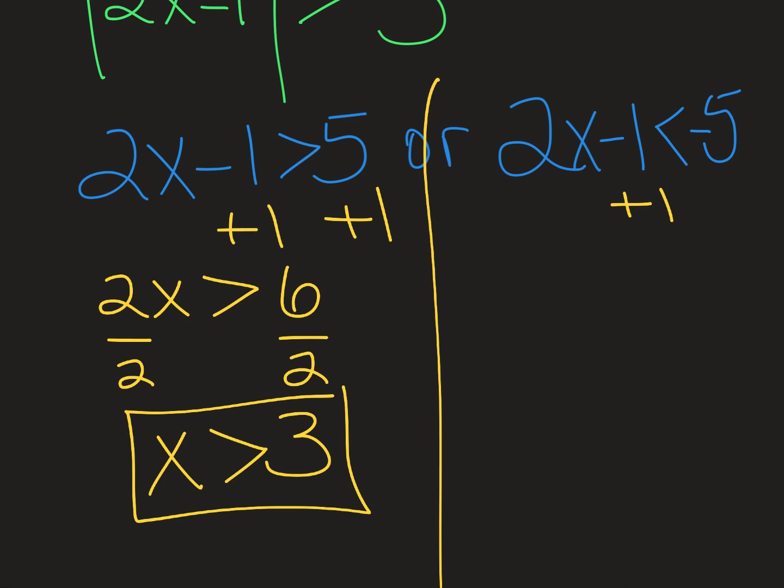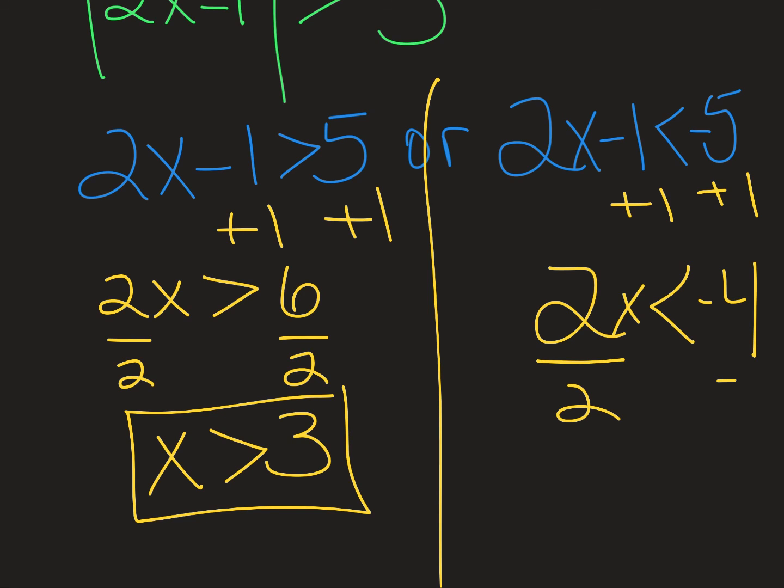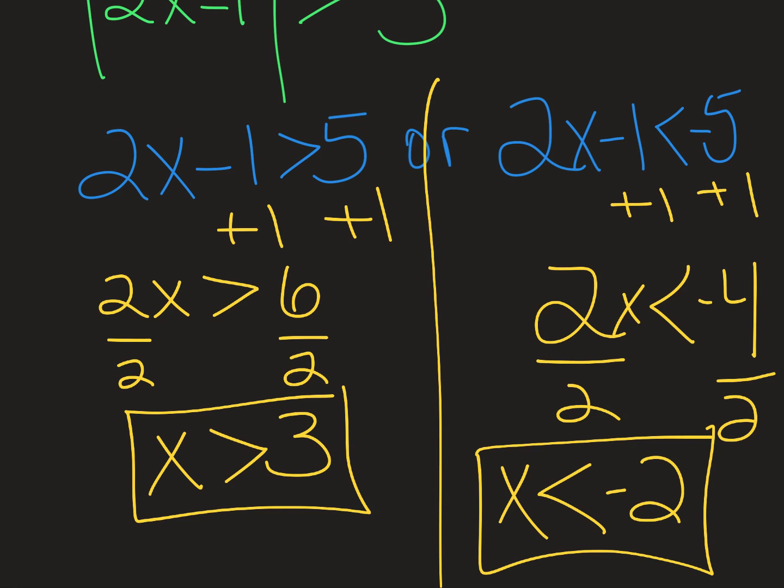Add 1, add 1. 2x is less than what? Negative 4. Okay, what am I going to do next, Miss Riley? Yep, I'm going to divide by 2. I think you just said that, didn't you? I read your mind. All right, negative 4 divided by positive 2 is a negative 2. So here's your answer. You would write x is greater than 3 or x is less than negative 2.